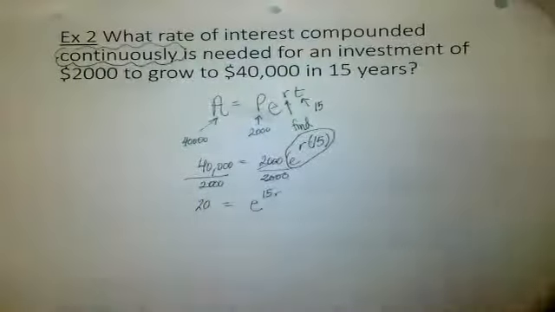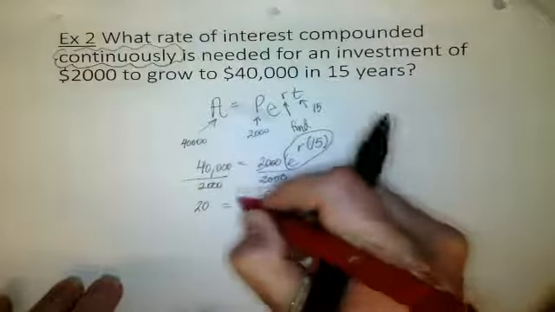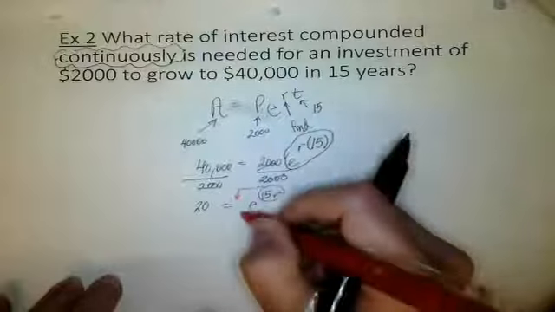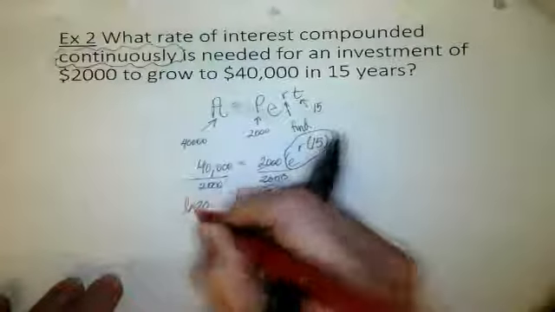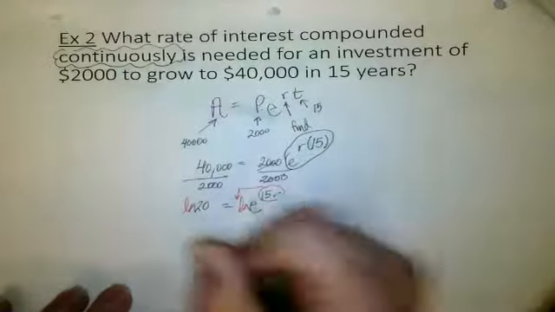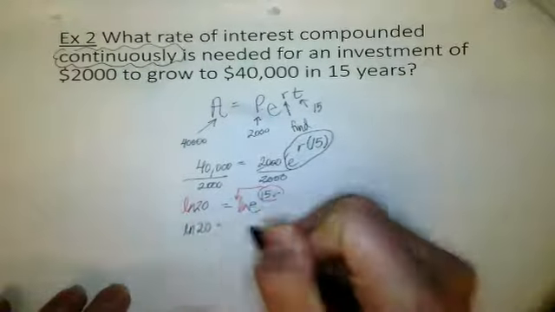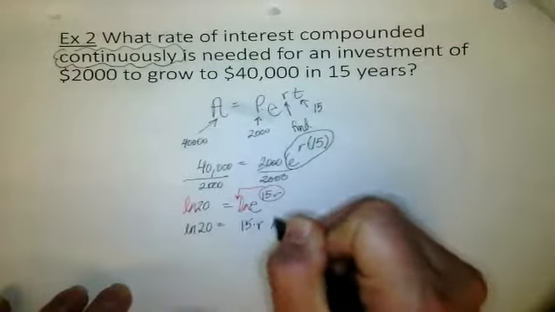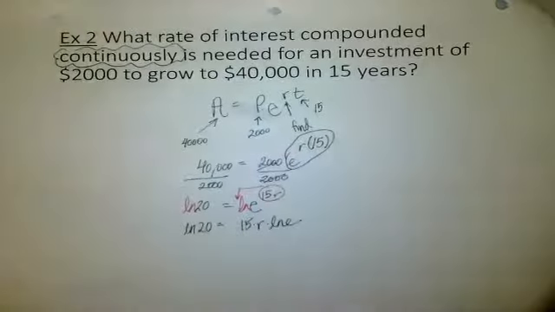And now what do I do so that I can drop my power? The natural log. Again, Ellen is a TV show host. And so we get the natural log of 20 equals 15 times R times the natural log of e.